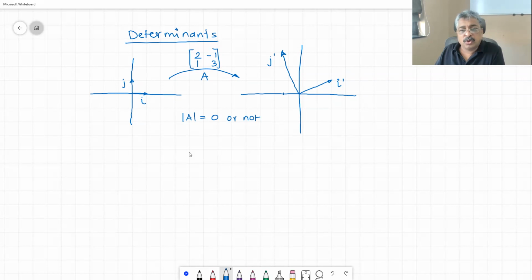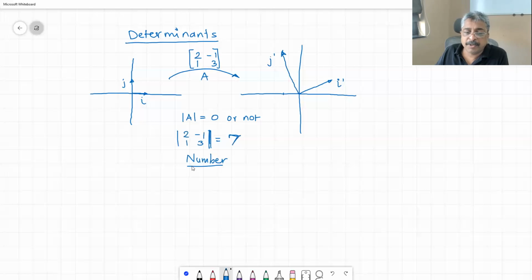So let us find out the determinant of this matrix, 2 1 minus 1 3. The determinant is a number.